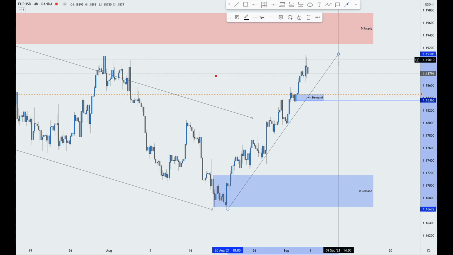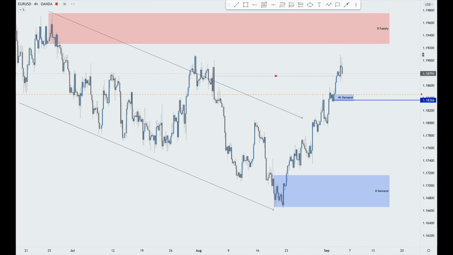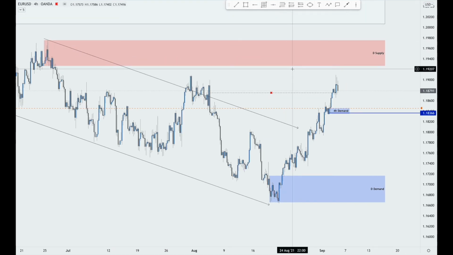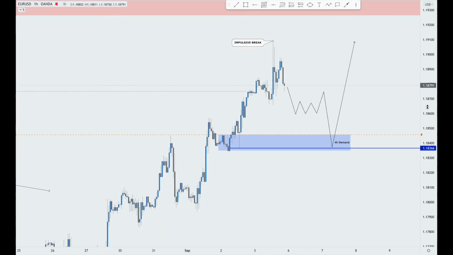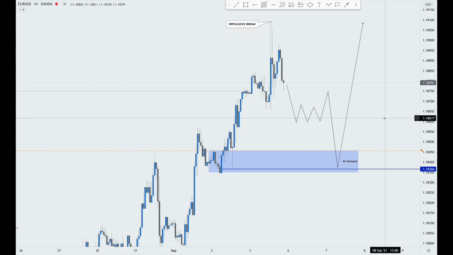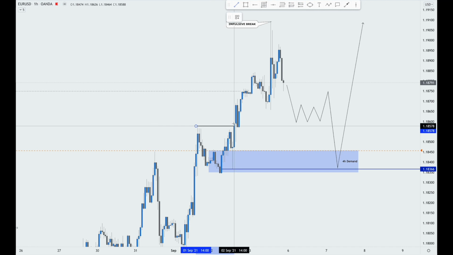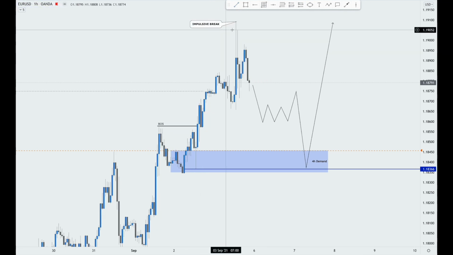So the bullish bias is still there, and the daily supply that I talked about earlier is my next area of interest. However, on the 1 hourly, we can identify this level of demand. And again, I'd like this to still follow the rules that I try to focus on. So we've got a break of structure, an impulsive break.